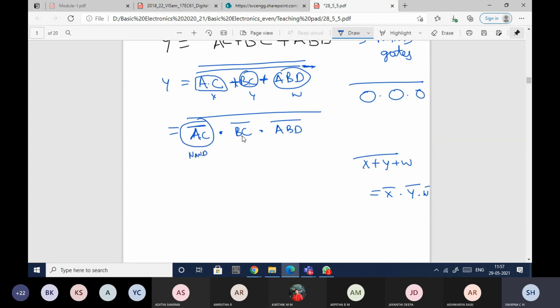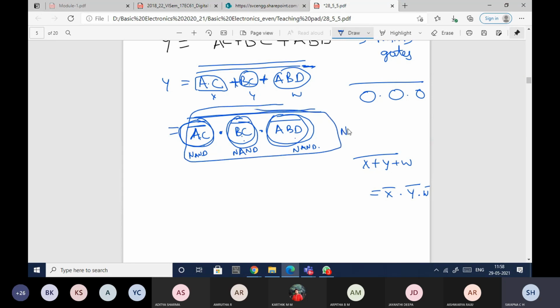Again B dot C whole bar, also implemented using NAND. Again ABD bar, also using NAND. Now this one into this one into this one whole bar, so even this complete thing I'll be able to implement using NAND gates.